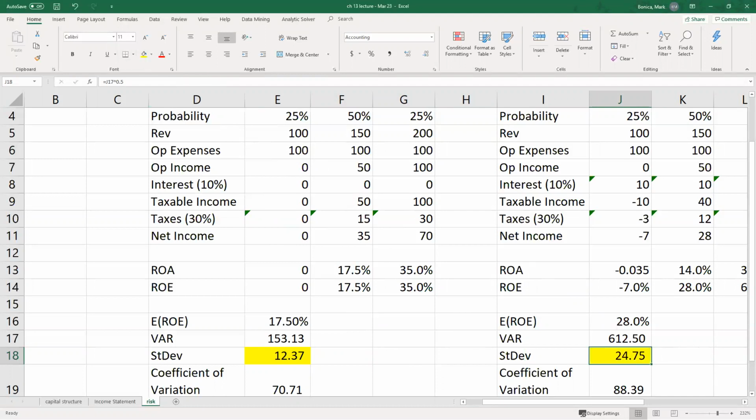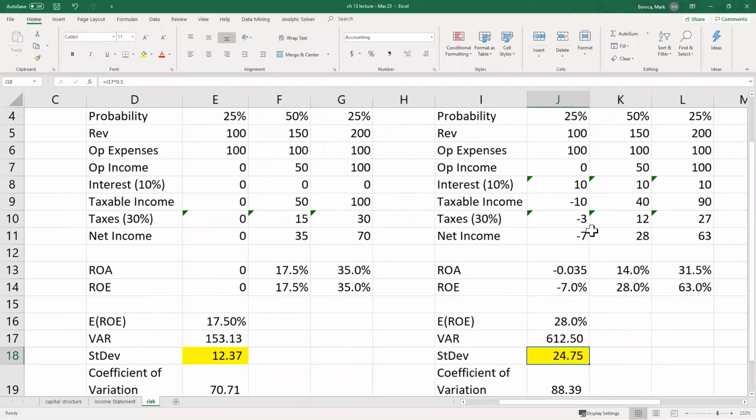Over here, in the 50-50 arrangement, they have increased risk not because of operations, right? Because the operational income is the same between the two firms, but because they're taking on debt. So their standard deviation is bigger here because of the way they're financed as opposed to over here.